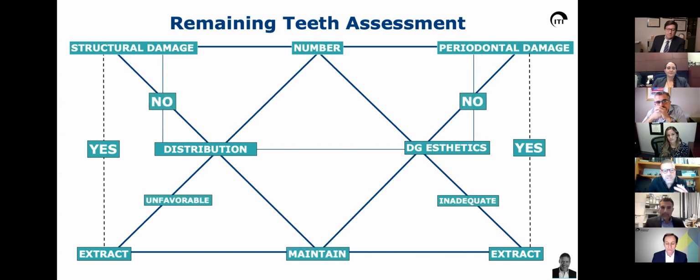So if our distribution is unfavorable, let's say we have unilateral distribution of these teeth, well, it makes not much sense to keep them, so we're extracting. But if we have a bilateral symmetric distribution, let's say we have a couple of canines which are intact, or canines and first molars that are intact, of course, we would consider maintaining them.